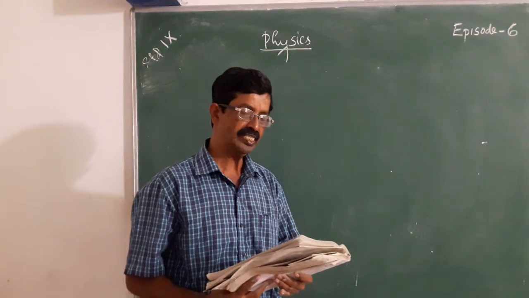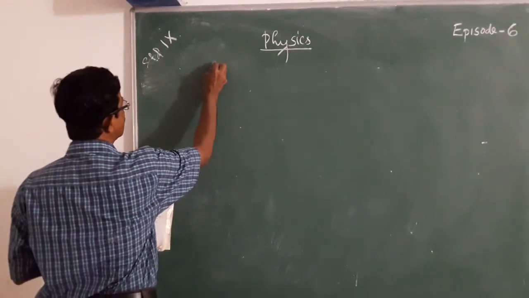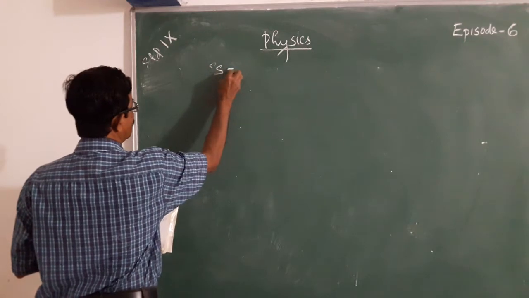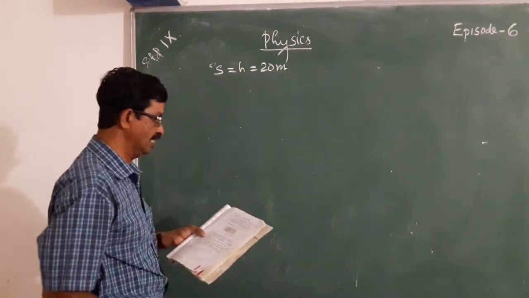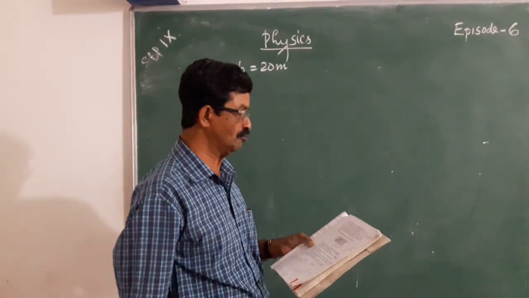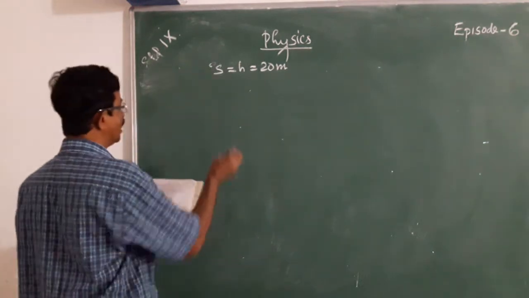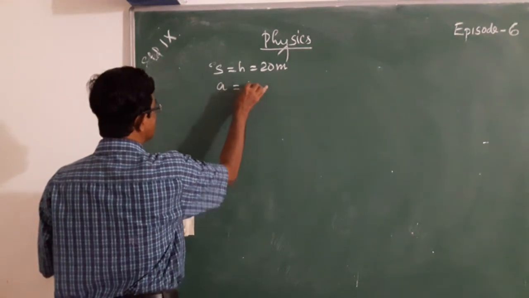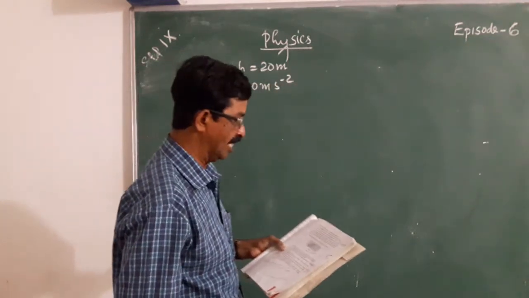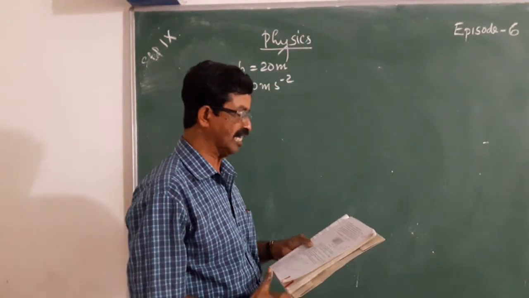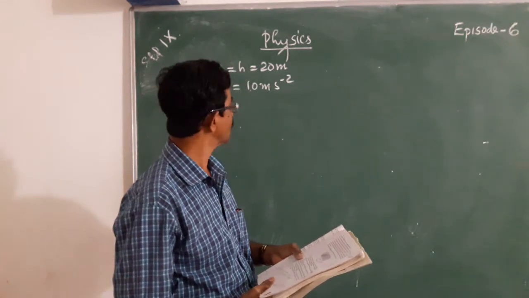That means here S or H is equal to 20 meters height. Its velocity increases uniformly at the rate of, that means acceleration, 10 meters per second square.